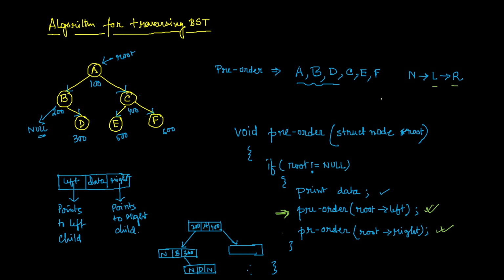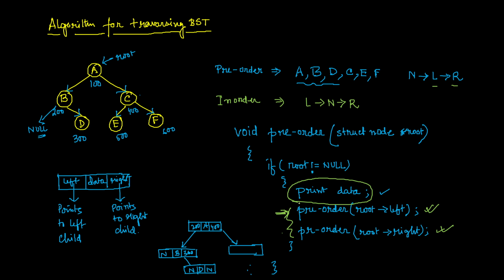In case of in-order, it will become L, then N, then R. That is the difference only. But one thing is sure, that you have to go left first and then right. So that means calling for root left and for root right, this order remains the same. Only the change will happen for this printing data part.